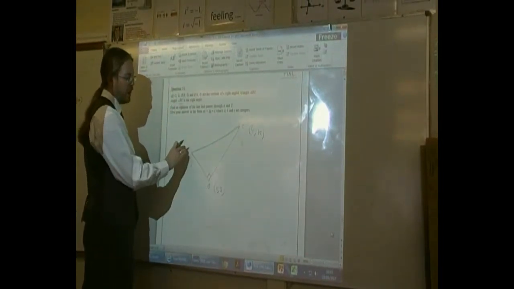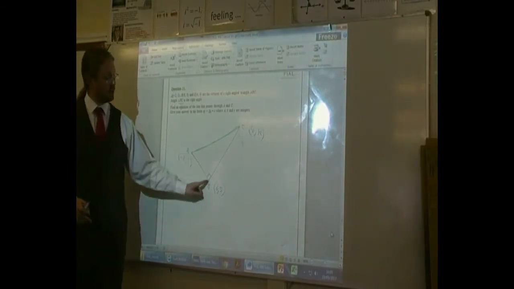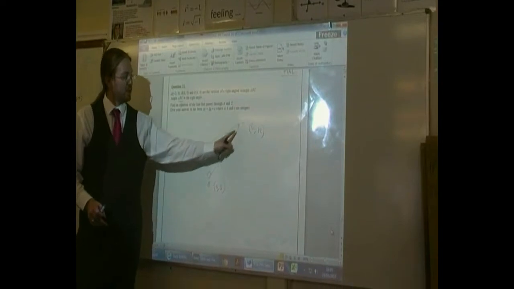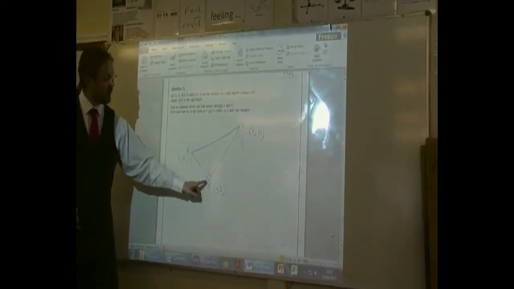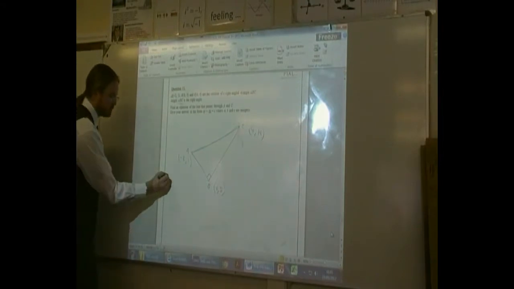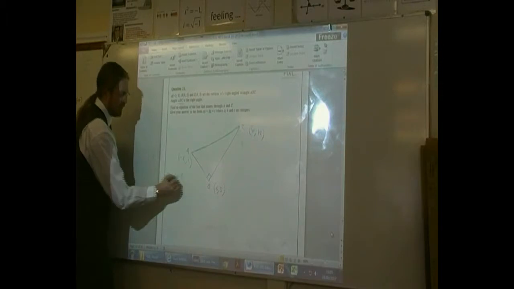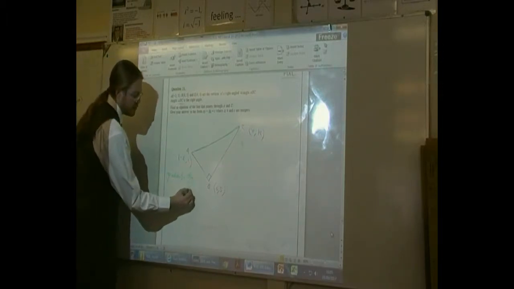And we can use our right angle to help us, because this line, which we can work out the gradient of, is perpendicular to this line, which we can't at the moment. So let's work out the gradient of our first line. Remember that gradient is the change in y over the change in x.